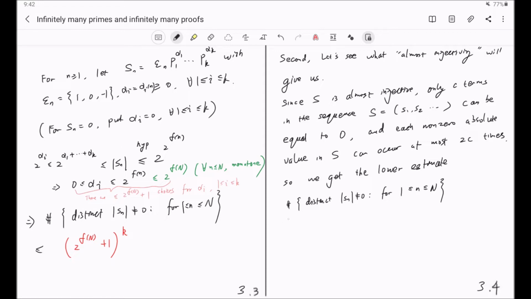And you do have a lower bound. So what lower bound can you get from the information here in this paragraph? You get this is bigger or equal to (N minus C) divided by 2C.